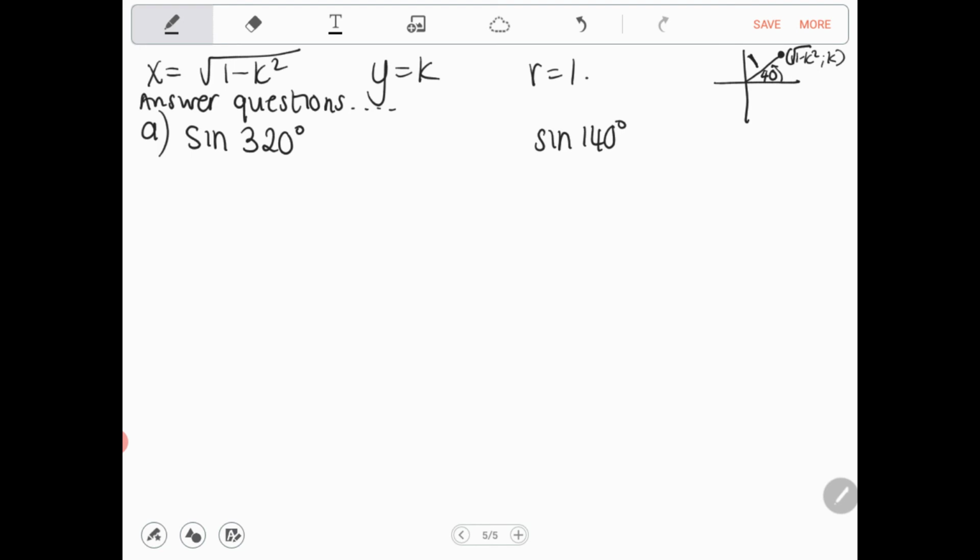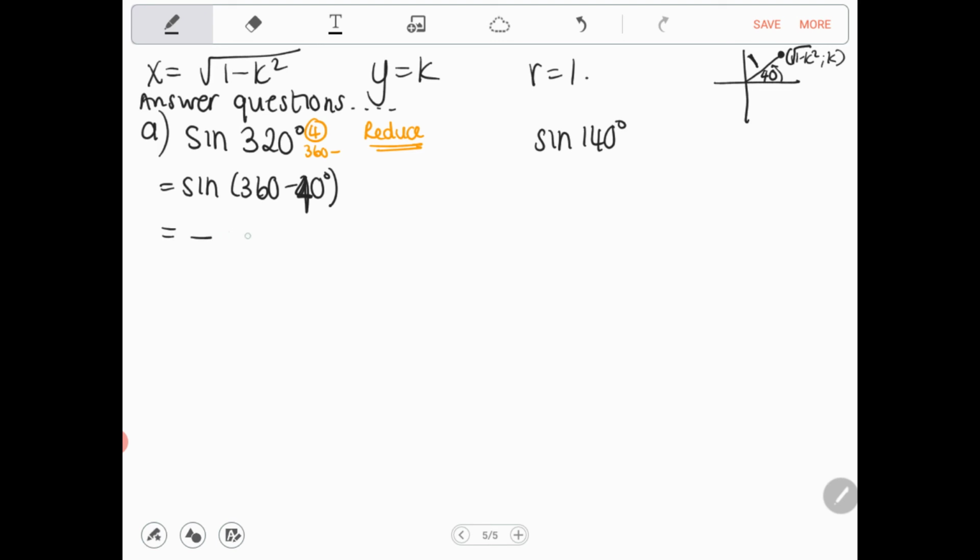Okay, so sine of 320, so we go through our steps again. Identify. This is fourth quadrant, so it's going to be 360 minus something. So this is going to be the sine of 360 minus 40 to give me 320.